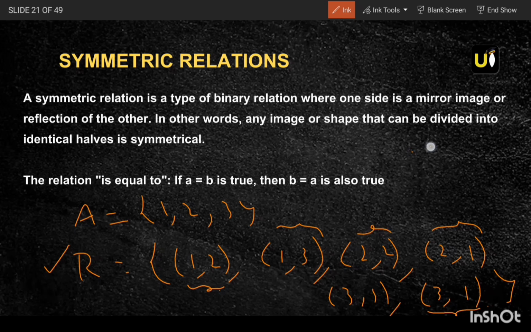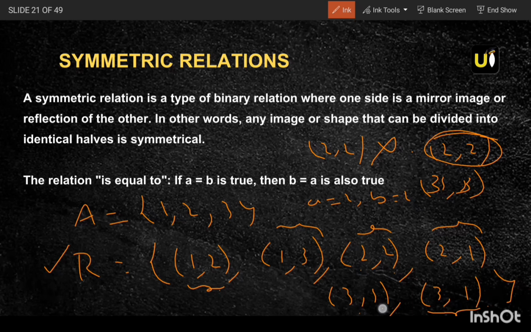Then what if we have something like this: (2,2) and (3,3)? There is no other thing needed, again (2,2) is not required. Here if we even take the other way, like A is equal to 2, B is equal to 2, if we reverse it also, we will get the same element.